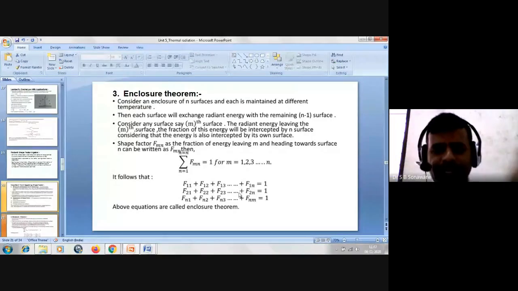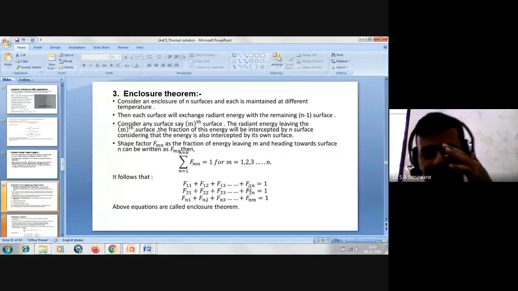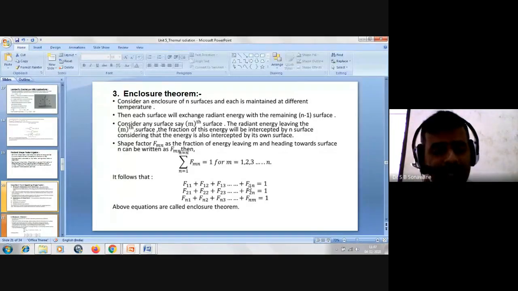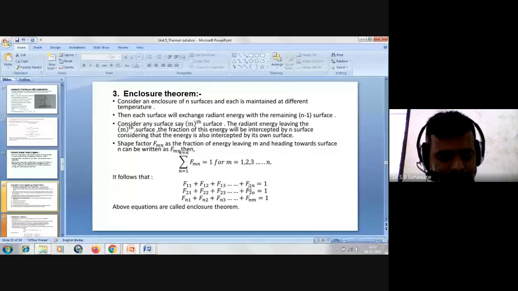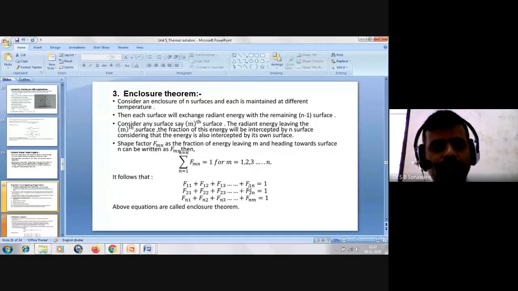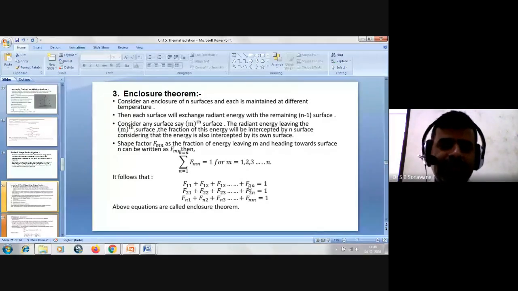If I write Q2 upon Q1, Q3 upon Q1, likewise Qn upon Q1, my denominator is Q1, and if I take the addition Q2, Q3, Q4 like that, it will be equal to Q1, because whatever energy is emitted by surface 1, a fraction is directly intercepted on surface 2, a fraction on 3, a fraction on 4.